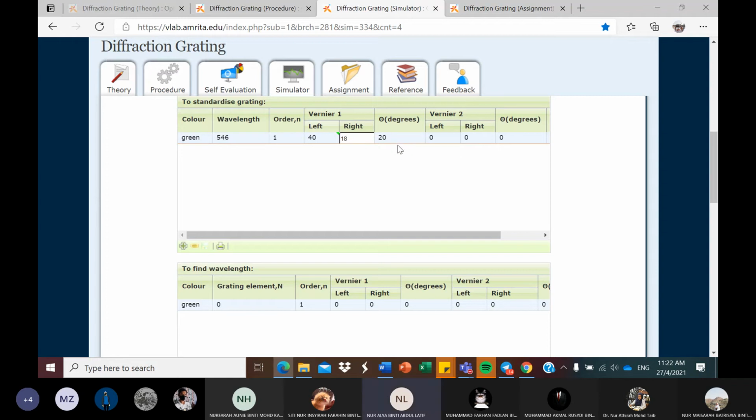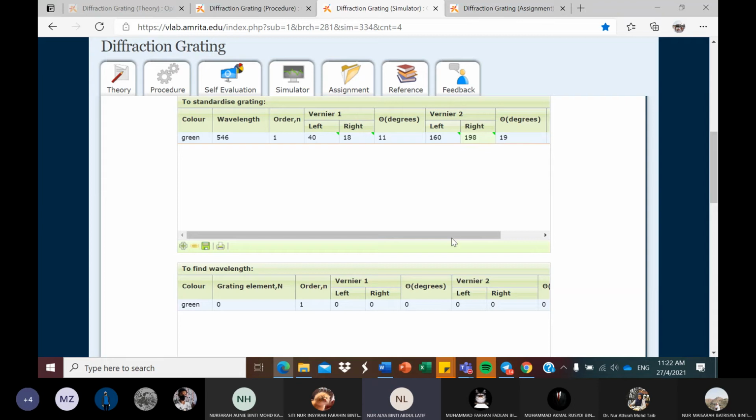Okay, then for vernier 2 left, we got 160 degree, and for vernier 2 right, 198 degree.